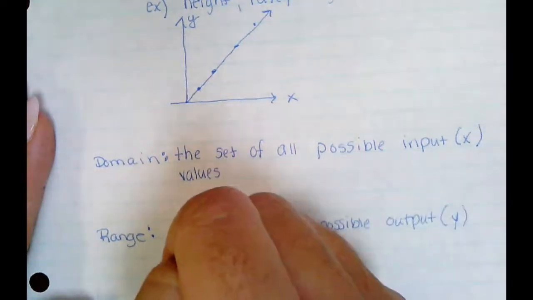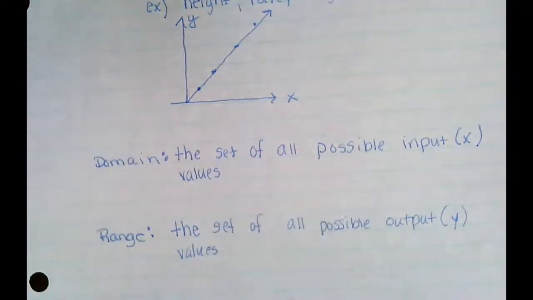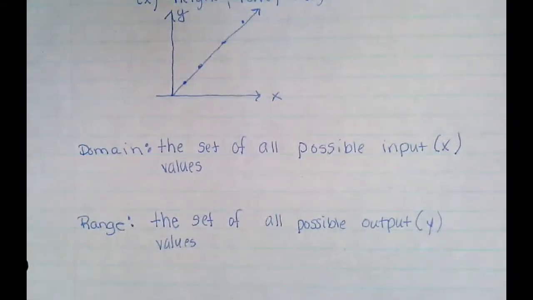So what we're going to be doing at times is identifying the domain and range for a function. And understanding when you have discrete and continuous is important because the way we are going to write domain and range will vary based off if it's discrete or continuous.